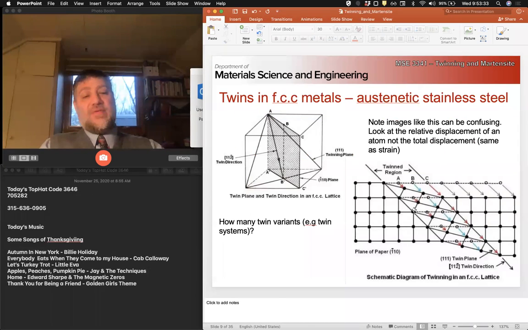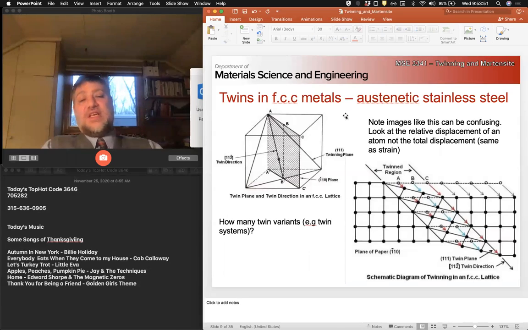And then we have this set of lattice planes that maintains an equal angle with our planes, right? And we call that the plane of shear.